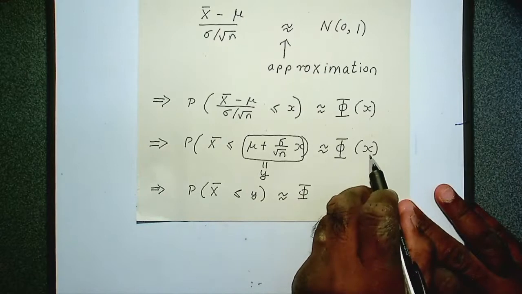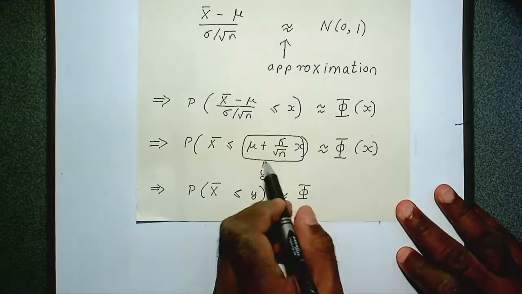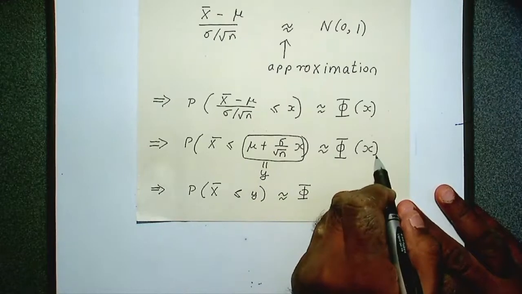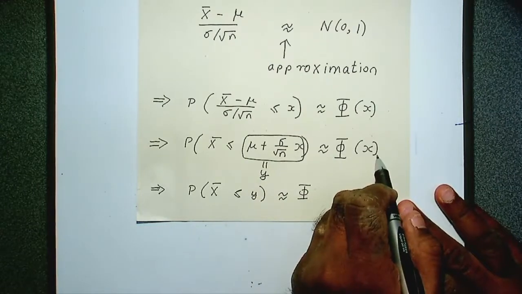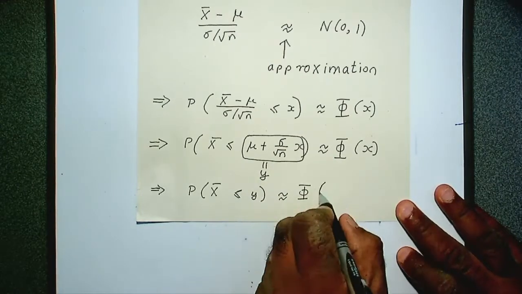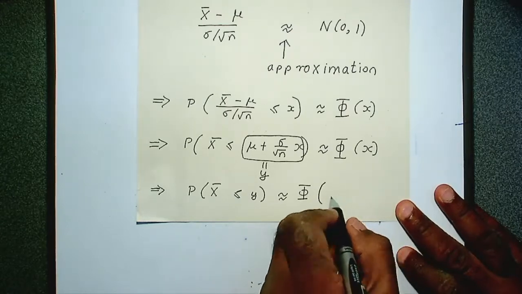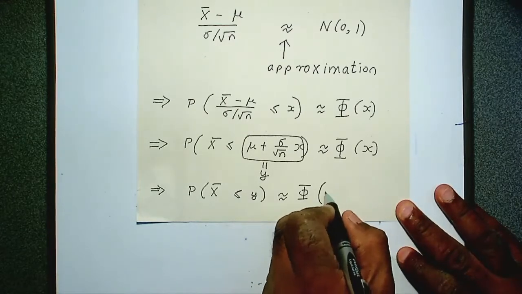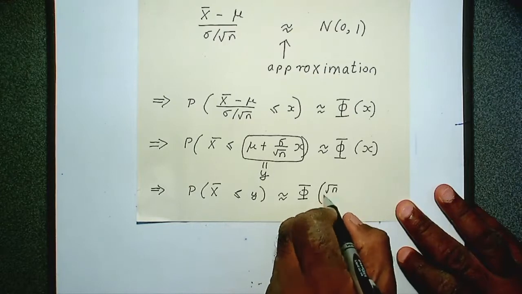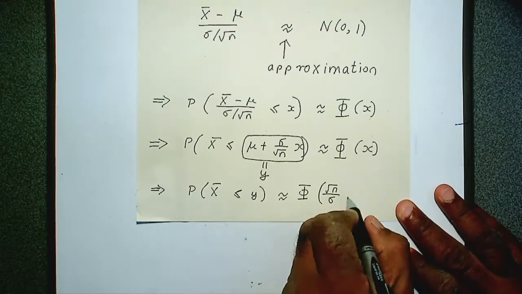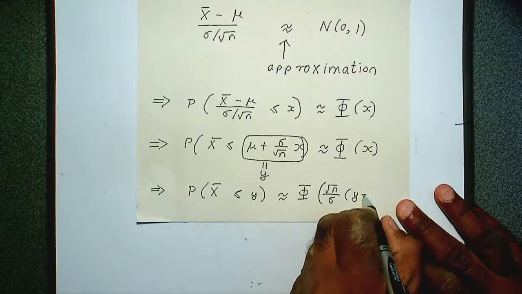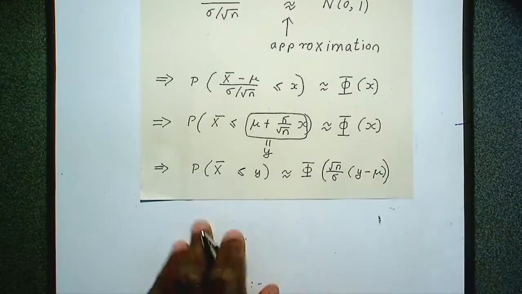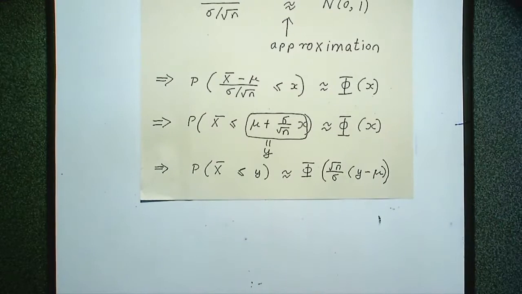I'm going to replace x by y. So if this is equal to y, what would x be? Come on, guys. This is not rocket science. This is a simple question. This would be root n divided by sigma times y minus mu. You follow me?